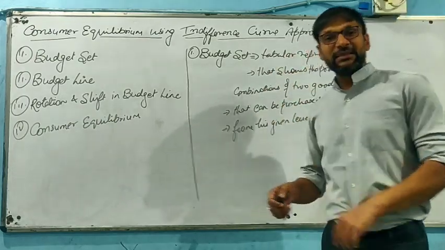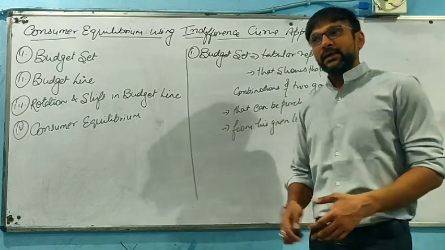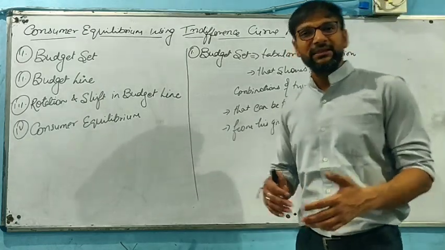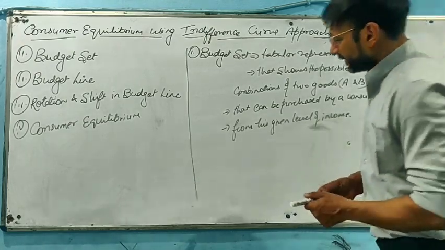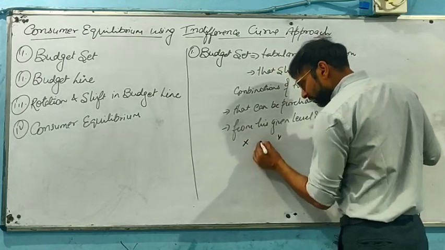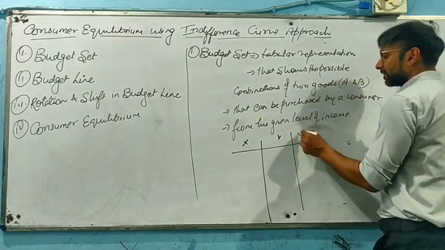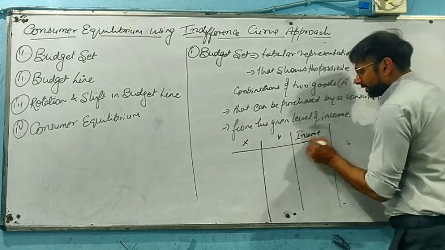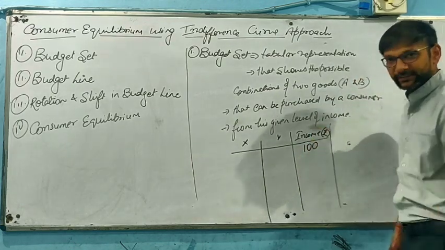So the budget set is basically a tabular representation of the price line, or we say budget line. It represents the income of the consumer and how a consumer can buy two products from a given level of income. Right? Now, if we need to draw the possible levels of two goods that can be purchased with a given level of income, for example, say the income of a consumer is rupees 100.